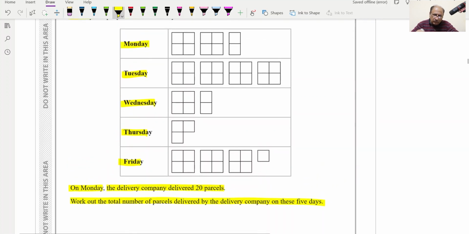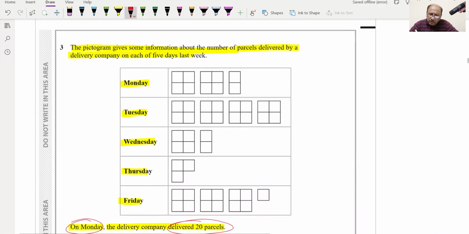Now, on Monday it is 20, so we can check. Monday 20 means this is 1, 2, and 2.5, so 2 complete ones and 1 half, equal to 20. So we can figure out that this will be 8, 8, 16 plus 4 will be 20.